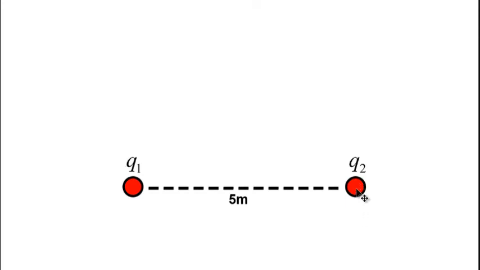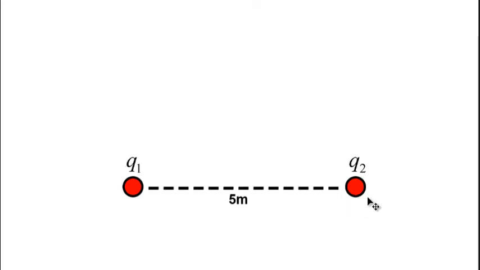Then Q1 will be on a position which we can write as R1 is equal to minus 5i, which means from this 0 position we move a distance of 5 in the negative I direction. So this would now be R1 equals minus 5i.